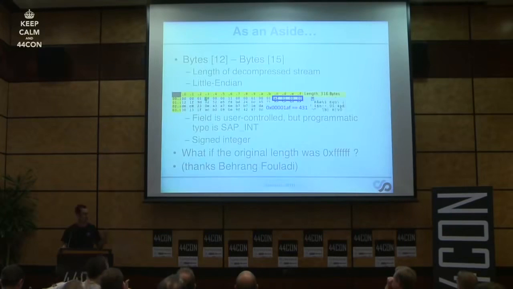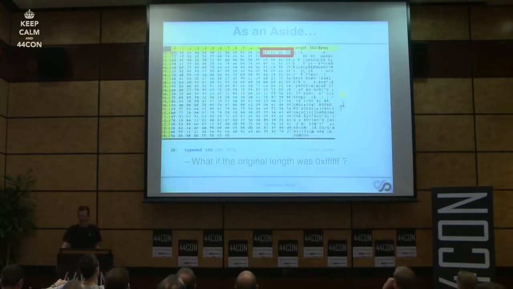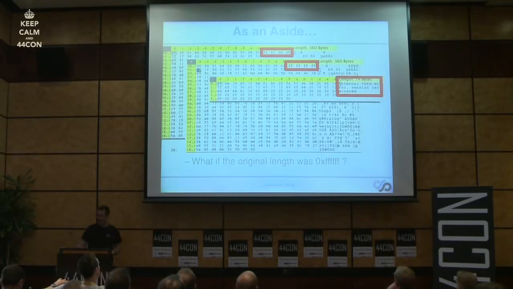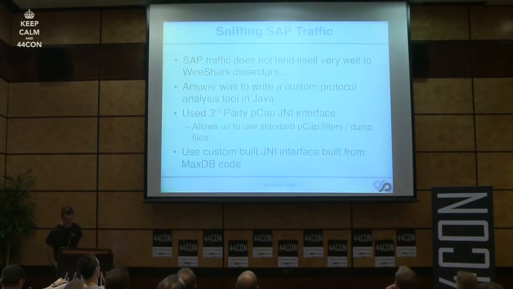It's user-controlled. If I submit a length of FFFF, we get some fairly interesting errors. Later testing shows there may be some stability issues under certain conditions with SAP itself. It seems to fall over. I'll explain that when we get to the denial of service material. But there's an example where I've changed that, and I get this nice error back from the SAP server, which says internal TSKH error, session terminated.